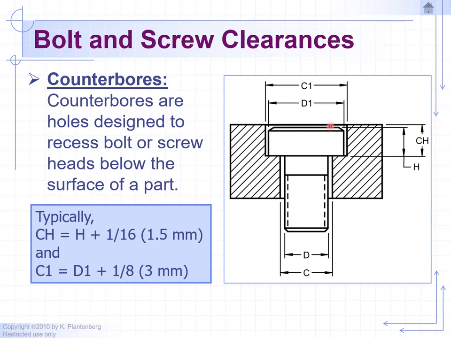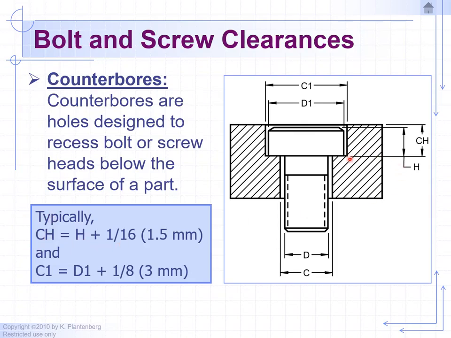Now, as far as how deep, we'll call it CH, how deep is this counterbored hole, the depth? Well, H is the height of the head. So the depth of the counterbored hole will be the height of the head plus 1/16.